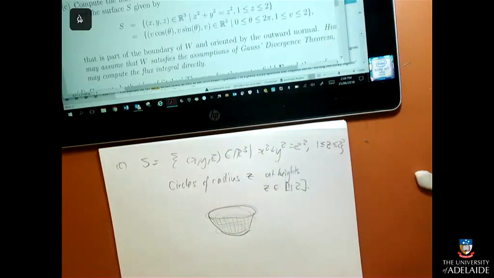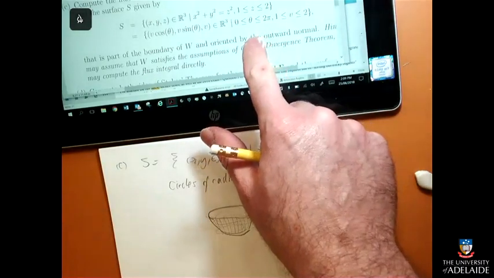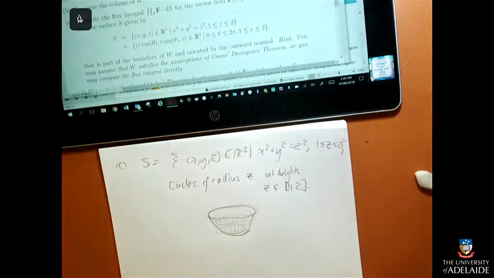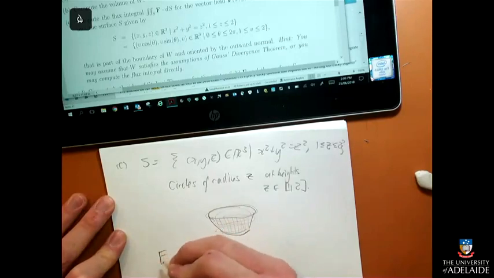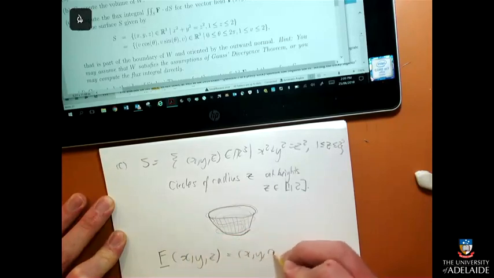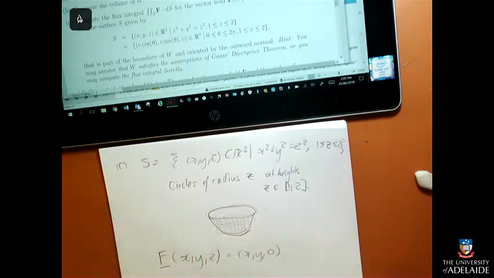Okay, so the hint says, you may assume that W satisfies the assumptions of Gauss's divergence theorem, or you may compute the flux integral directly. I may choose to do both just to see what would happen. You wouldn't in the exam, of course. Okay. Now we also have a function of x, y, z: x, y, 0. All right.